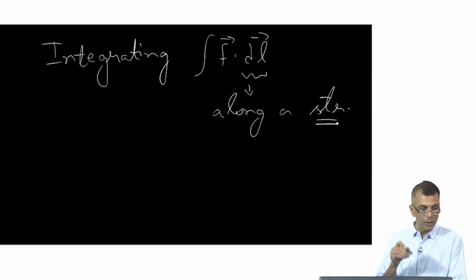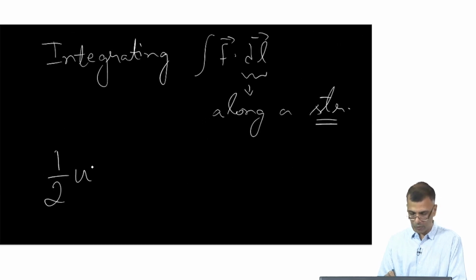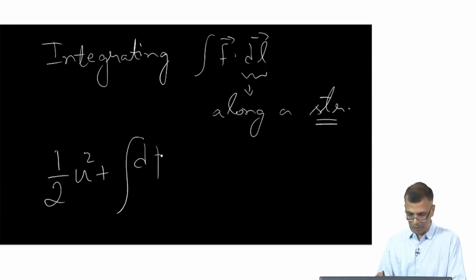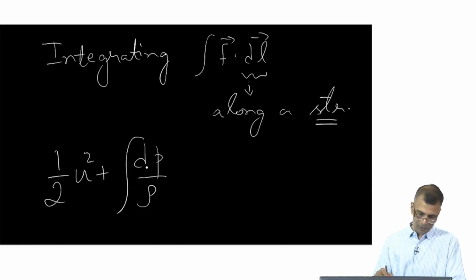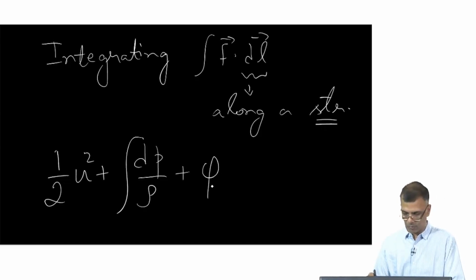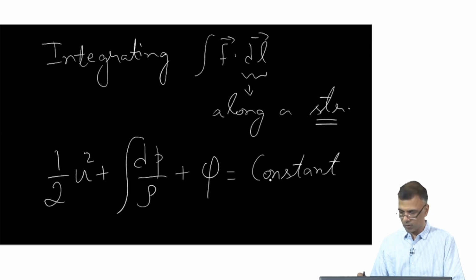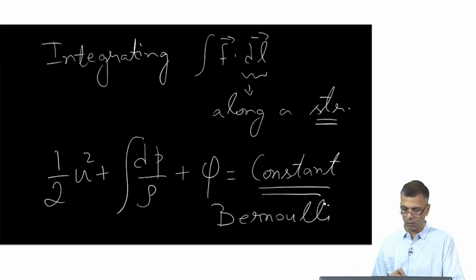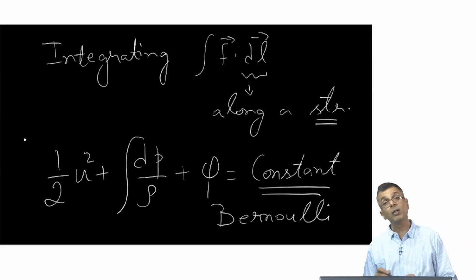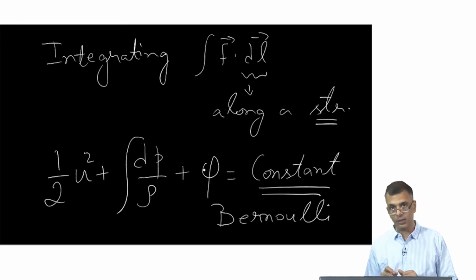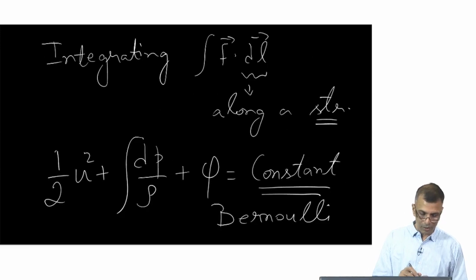Okay, we get this particular property, which is half u squared plus, let me write this down technically correctly, but I just want to emphasize that many times people just write this as p over rho. We get this very important result, which is the Bernoulli constant. So this is essentially the Bernoulli constant right here. Just to remind you, the phi is not the velocity potential, it's the gravitational potential.